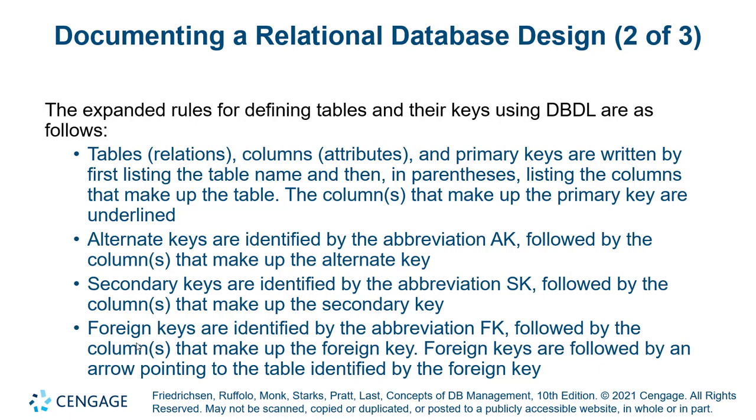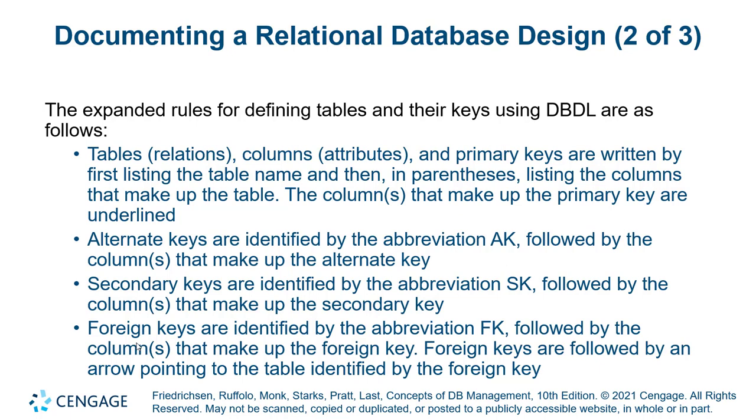To describe this documentation, it's going to look very similar to that shorthand notation we've used before, where we have our table or entity name, and then in parentheses the attributes for that table, the columns that are part of that table. The first attribute, the first column, is identified as the primary key. It's the first one listed in parentheses, and it's also underlined to identify it as the primary key.